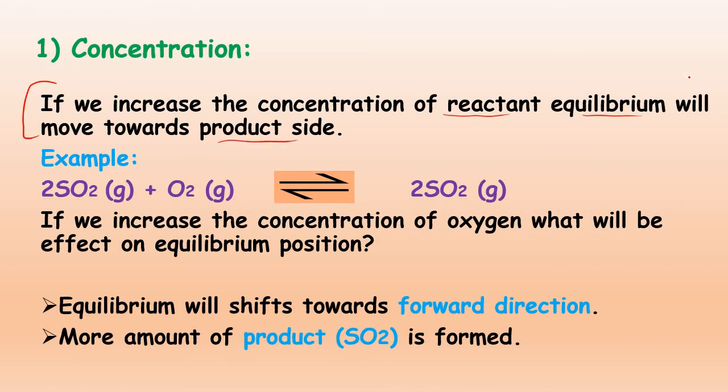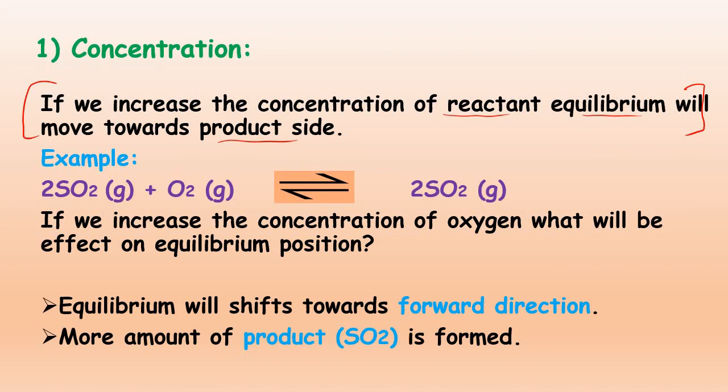This is a very important point: if we increase the concentration of reactant, it will move in the direction that reduces the concentration, so it moves to the opposite direction. If we increase the concentration of product, it will move towards the reactant side.